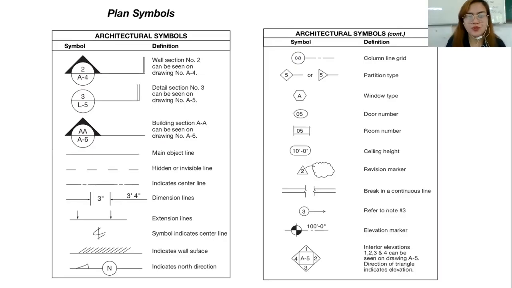Okay. So these are the common plan symbols that we'll be using. This is the wall section. Wall section is used if you're detailing certain material on your wall.